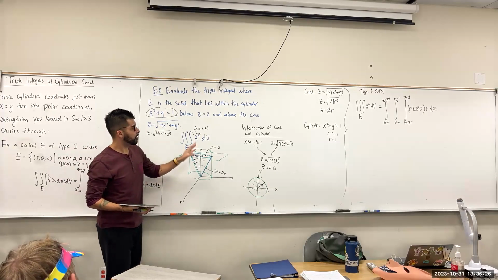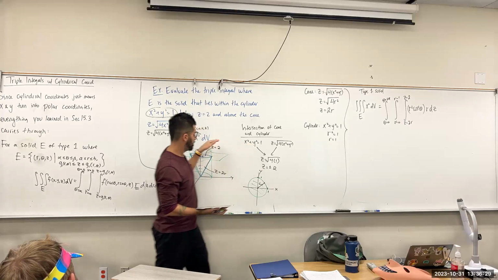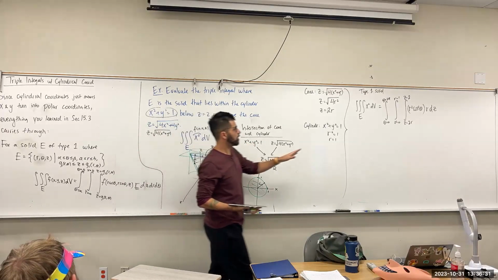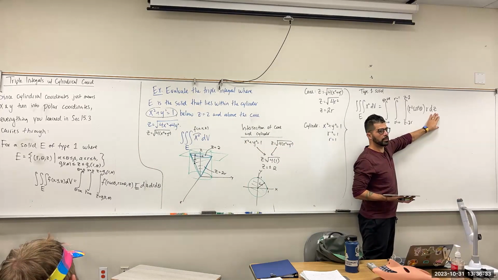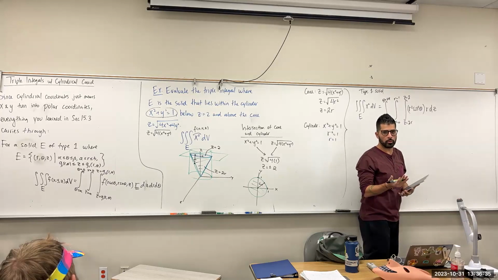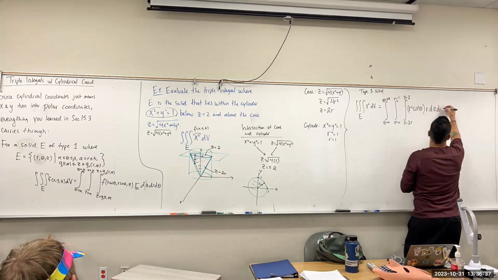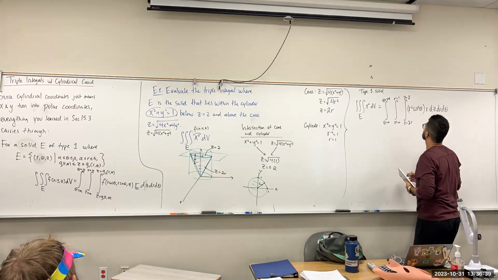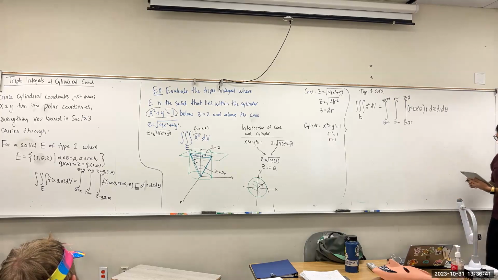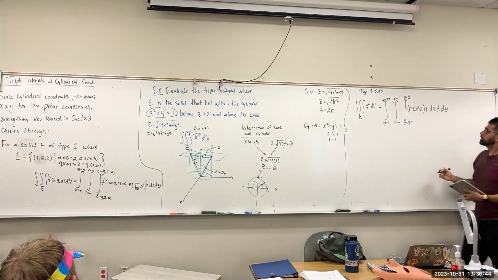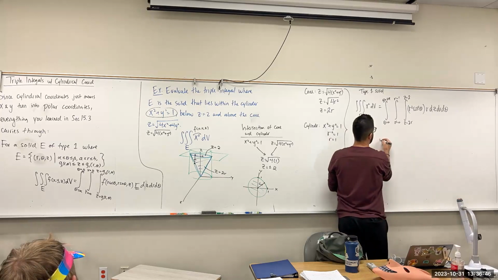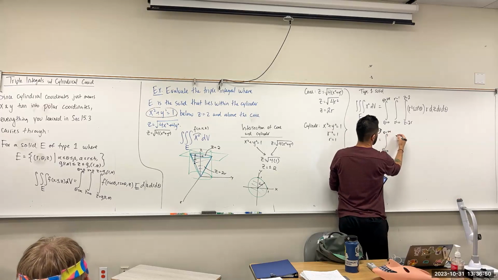It'll feel very much like a triple integral when you're doing the z part, but once you get to the xy plane, it feels very much like section 15.3. dr second, and then d theta is last. Let's clean this up a little bit. Theta goes from 0 to 2 pi.